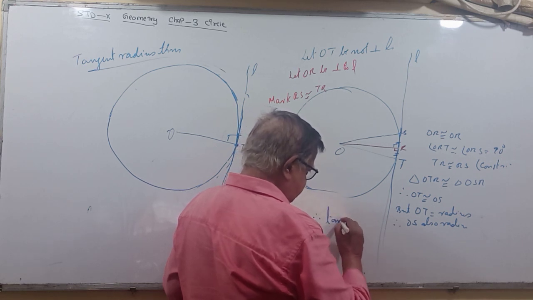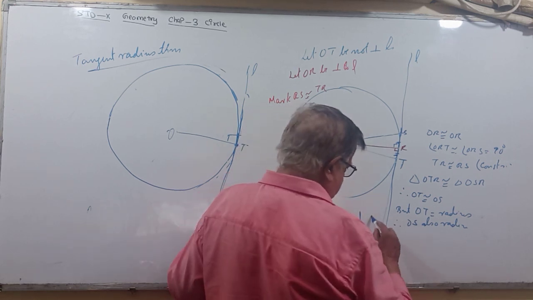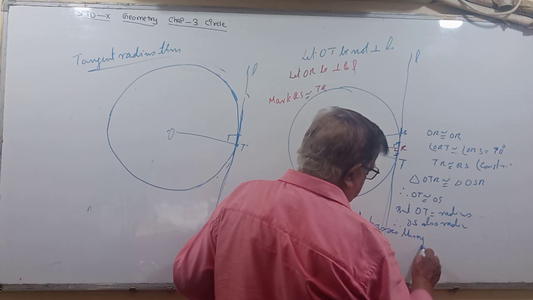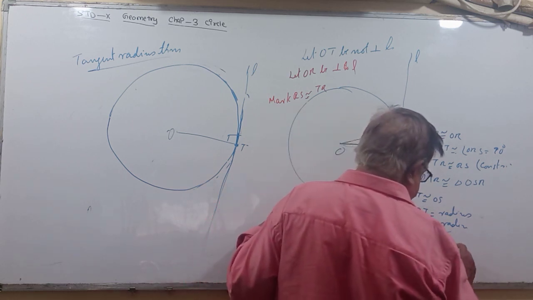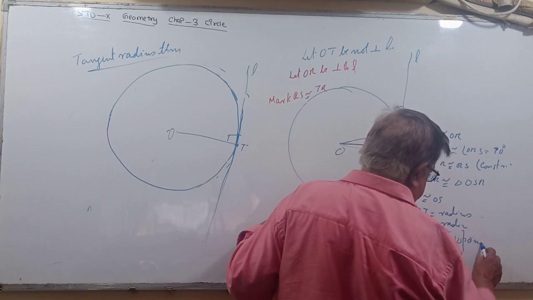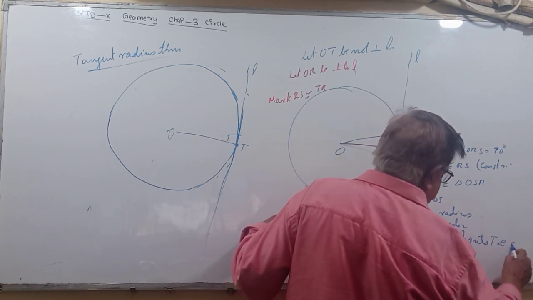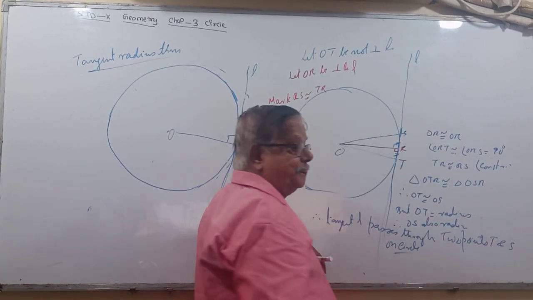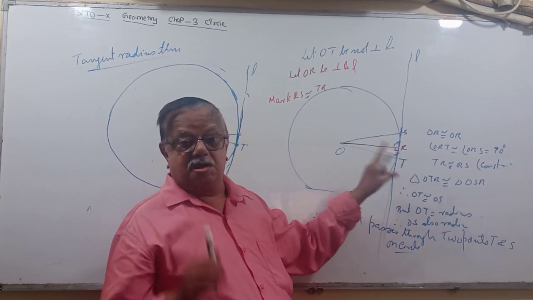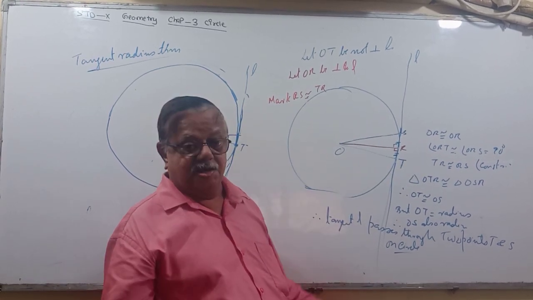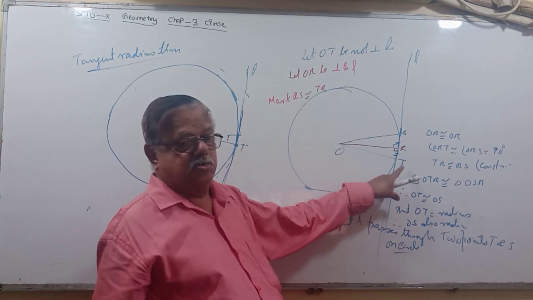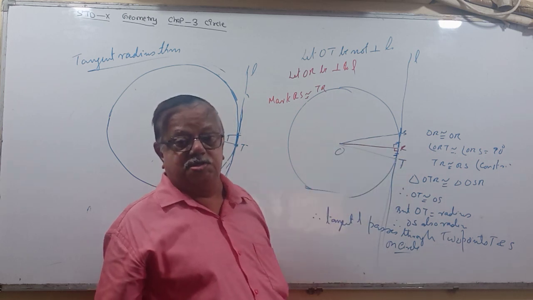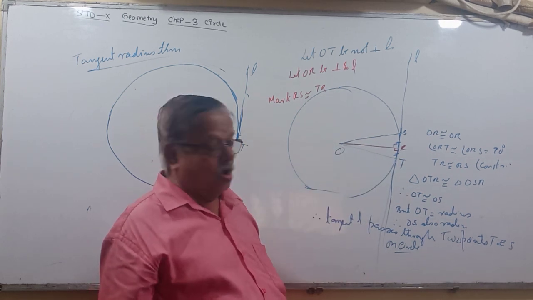Therefore, tangent L passes through two points, T and S. Is it possible? A tangent can touch the circle at only one point. That is the definition of a tangent. A tangent cannot pass through the circle at two points. Therefore, we have proved something which is wrong.